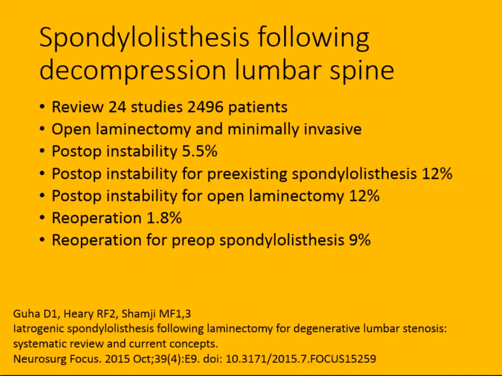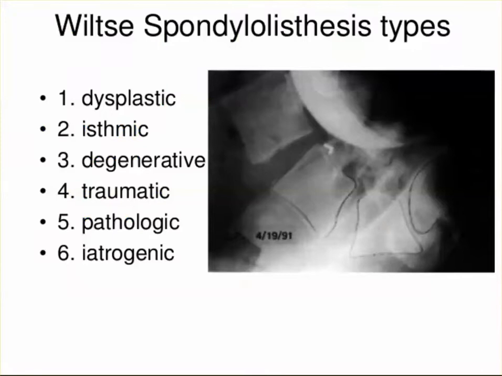If you had spondylolisthesis and you just had a decompression, there's a 12% chance to get spondylolisthesis. If you had an open laminectomy, 12% chance of spondylolisthesis. The reoperation rate for these decompressions was 2%, and the reoperation for pre-op spondylolisthesis is 9%. So basically, the people who get post-op spondylolisthesis from decompression only are full open laminectomies and people who already have some level of spondylolisthesis.